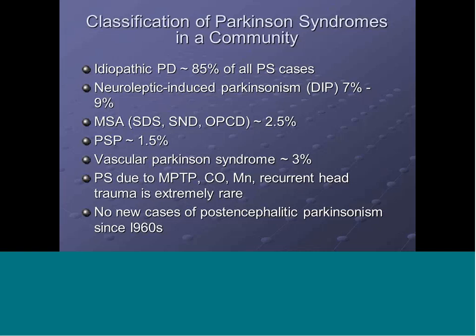Other atypical Parkinsonism syndromes include progressive supranuclear palsy, corticobasal degeneration, which is not listed here, and vascular Parkinson's. Vascular is typically more lower limb involvement. Then there is Parkinsonism secondary to MPTP toxin, carbon monoxide poisoning, manganese exposure, recurrent head injury, and post-encephalitic, which is not seen anymore.